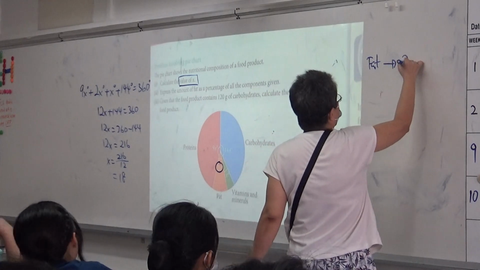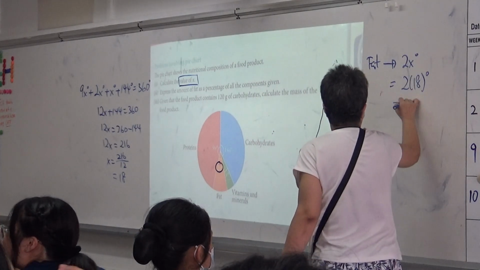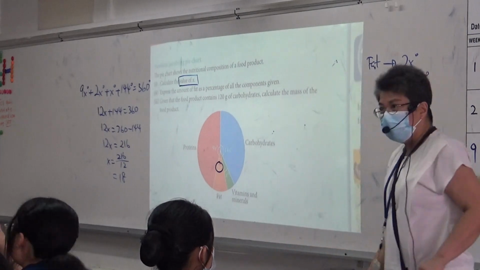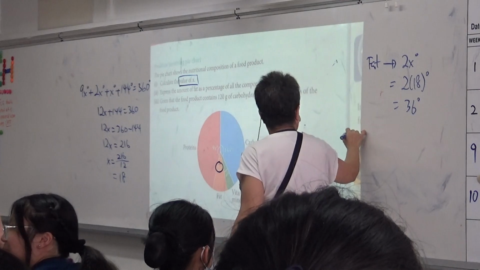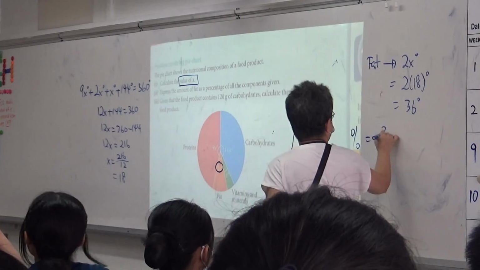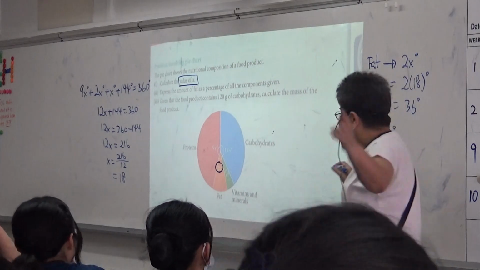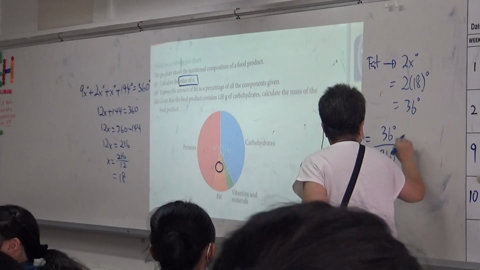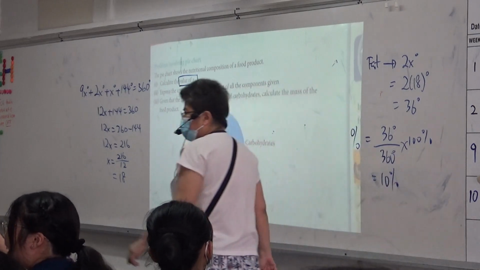Fat corresponds to 2x degrees, right? Which will be 2 times 18, right? This will be 36 degrees, right? Okay. So the same percentage will be 36 degrees over what? 360, because all components times 100%. So this one will just give you a 10%.